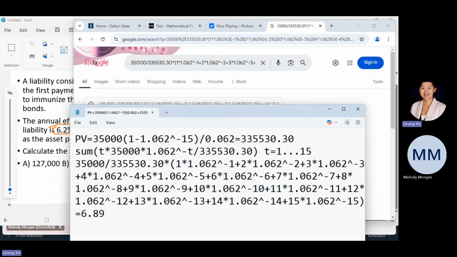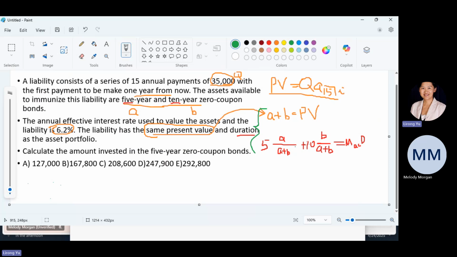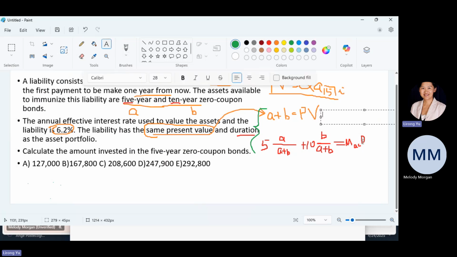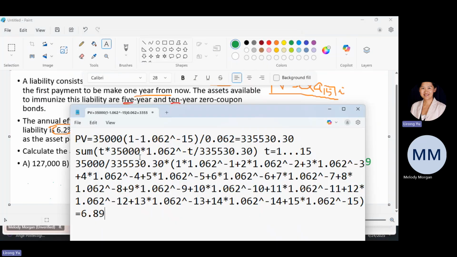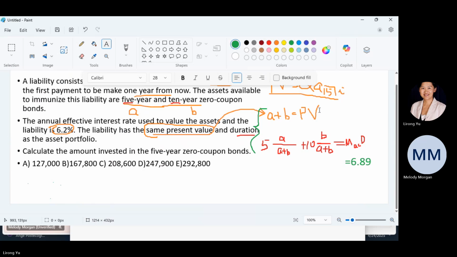Are we okay? Back to what we really want to calculate. This number is 6.89, and we're solving for A and B. This number is the total present value, A plus B. Any questions?